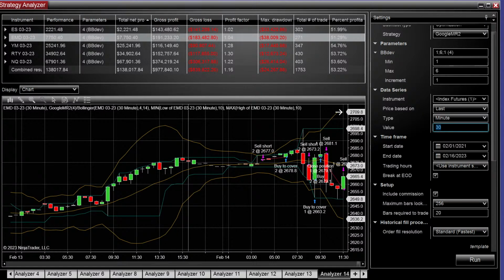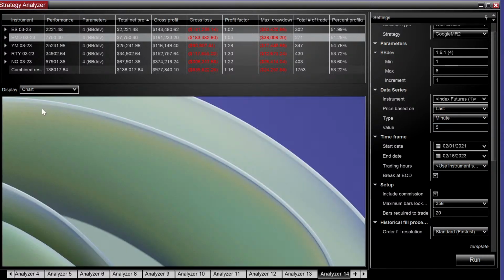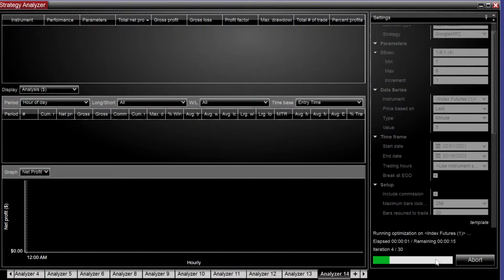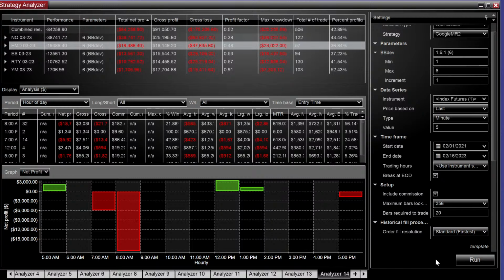Okay, let us run it on intraday time frames and see if we can get some correlation on the hour of day analysis. Probably going to do terrible in the 5 minutes.